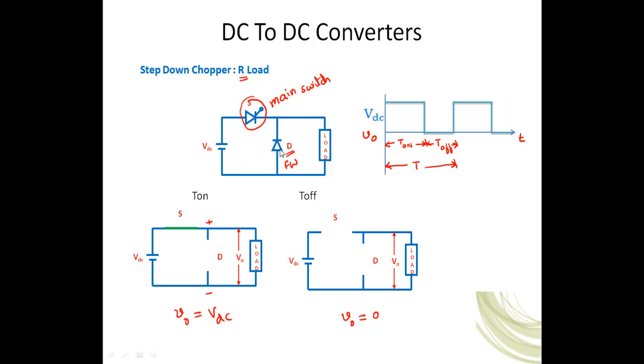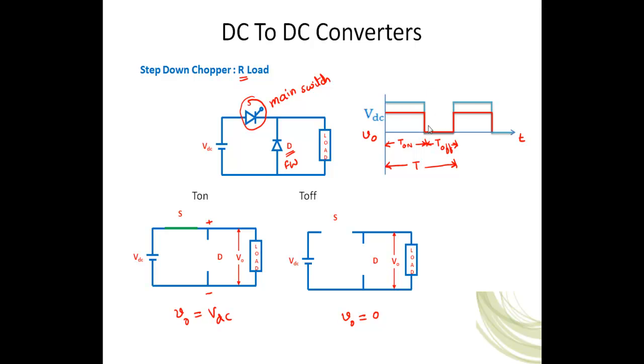Now here the load is a resistive load, so the current will also follow the load voltage exactly. If you take the load current, the red waveform is exactly similar to this one, the same as the voltage waveform. So this will be the output voltage and current waveform.